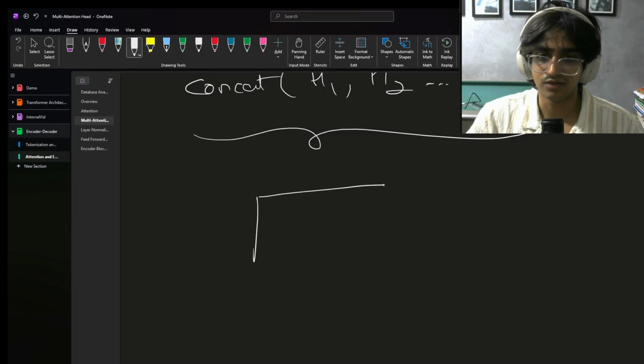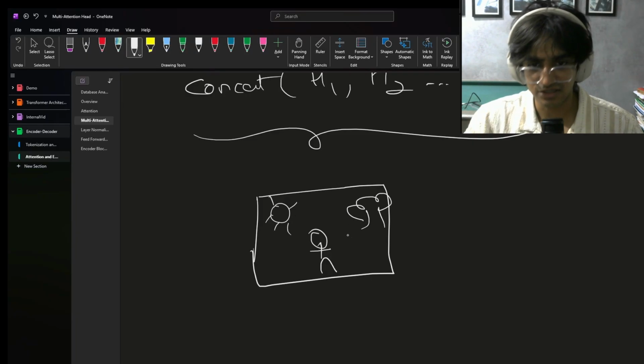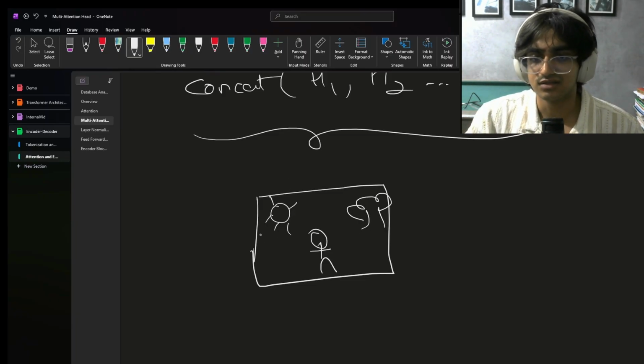Imagine that you have a picture. You've got a person, you've got the sun over here, you've got some trees. Now each attention head focuses on a certain aspect. So let's say your first head focuses on the sun, your second focuses on the person, and your third focuses on the tree.